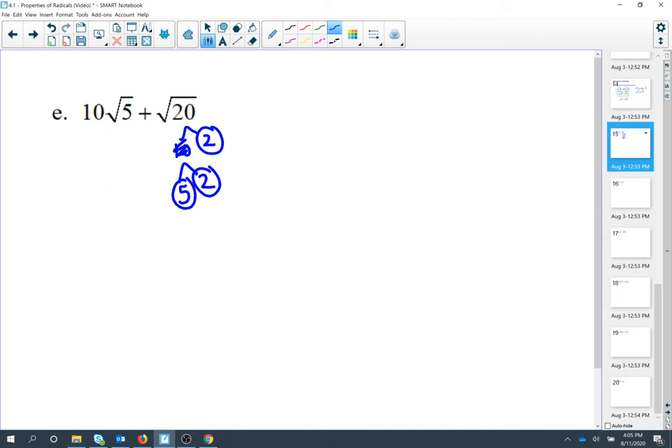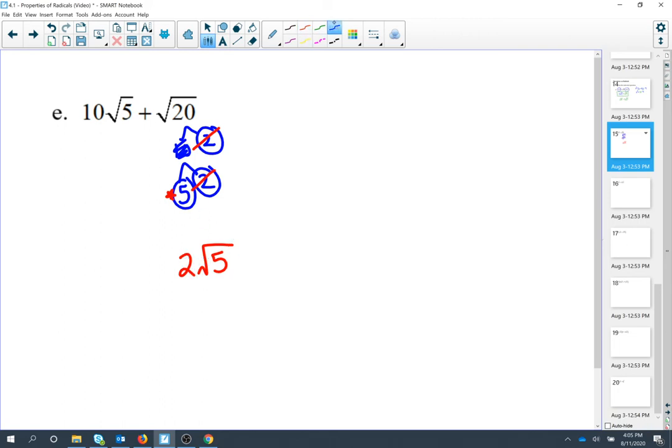Now we can't use the 10 because that broke down further. And this is just a normal square root, so we're looking for groups of 2. So I'm going to pair the 2's together. One gets out, the other one doesn't make it. 5 doesn't have a buddy, so we're going to put him back inside. So the square root of 20 just simplifies into 2 root 5.